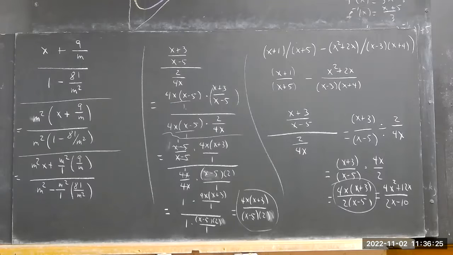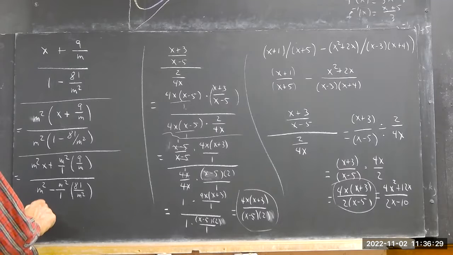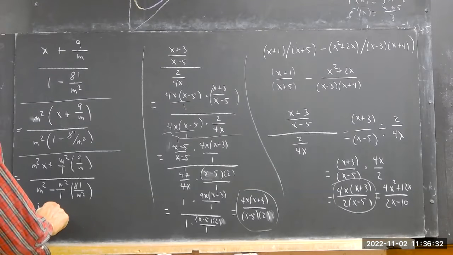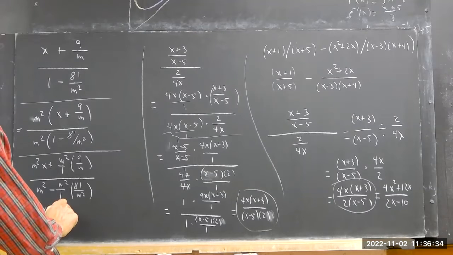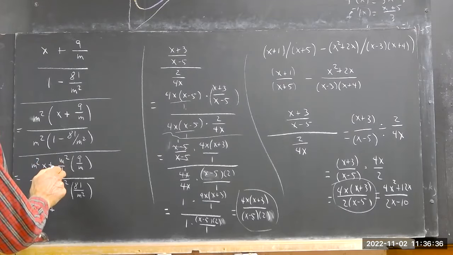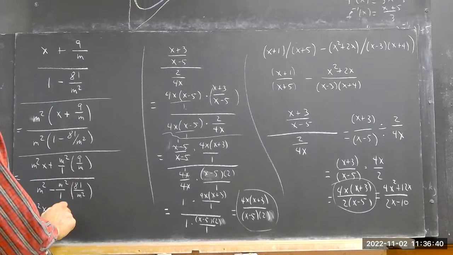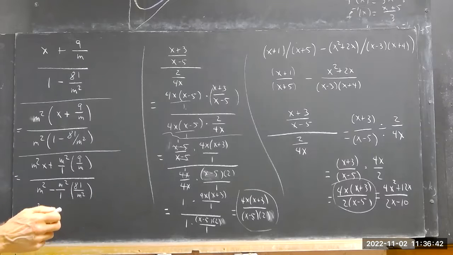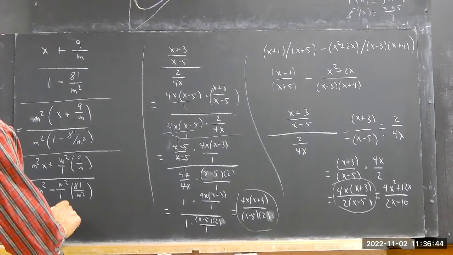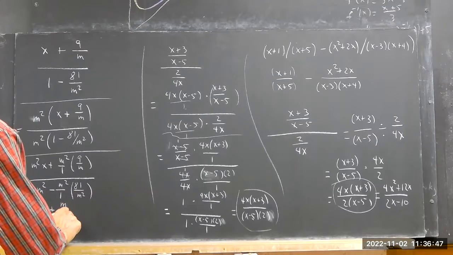Now, how am I going to rearrange that? M squared. Okay, I'm going to write this. Instead of M squared, I'm going to write M times M. I'm going to do this.